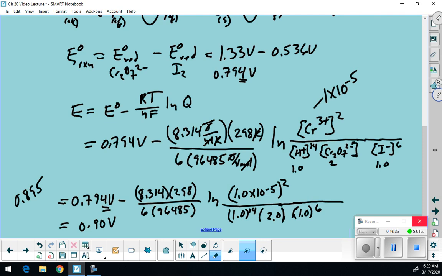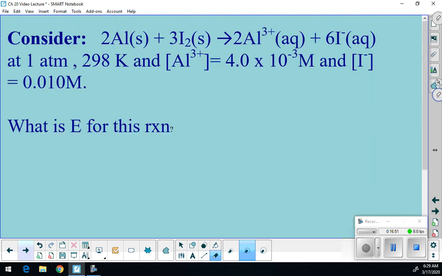Quantity. I get 0.8955. Woohoo! My calculating skills actually work. Beautiful. So that is what we do in case we have a non-standard temperature or pressure.